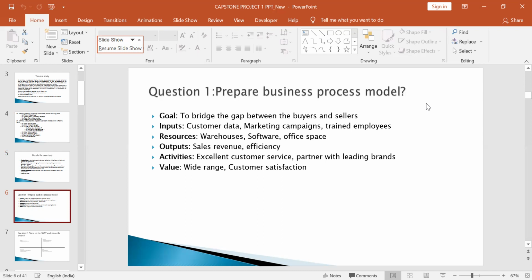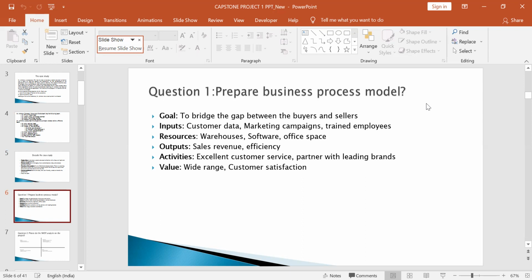We follow some models here, like what is the goal of this project, what are the inputs, what are the resources, what are the outputs, the activities, the values. You have to elaborate the case study along these lines.